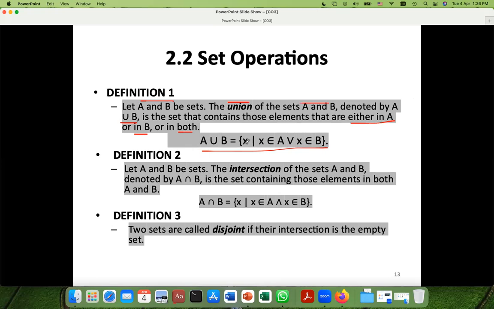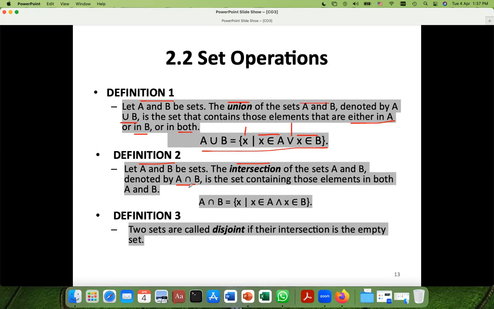A union B will have the elements X, and X can belong to A or X can belong to B. And the meaning of or is it can belong to both also. Simply intersection. Okay, that is also easy. If you have two sets A and B, the intersection can be represented by this one. And what it means, you have to select the common elements from both the sets.